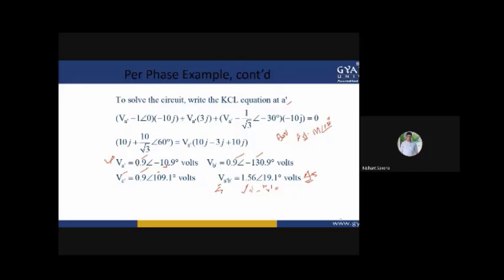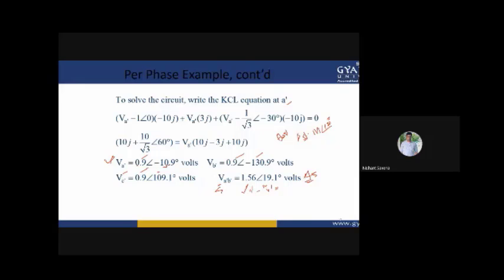So we have seen how the balanced system is evaluated, and when we have delta connected sources or loads connected with the star connection, we have to convert the delta connected loads or sources into the star connection first of all, and then do the solution.